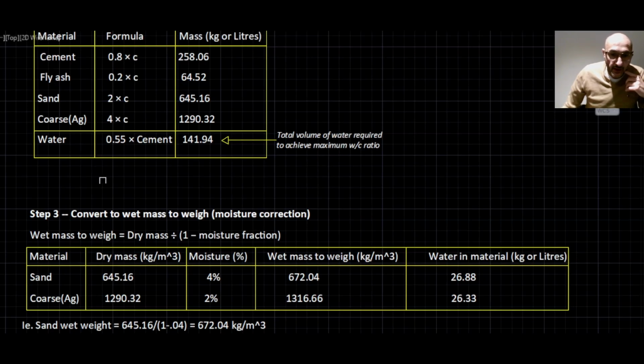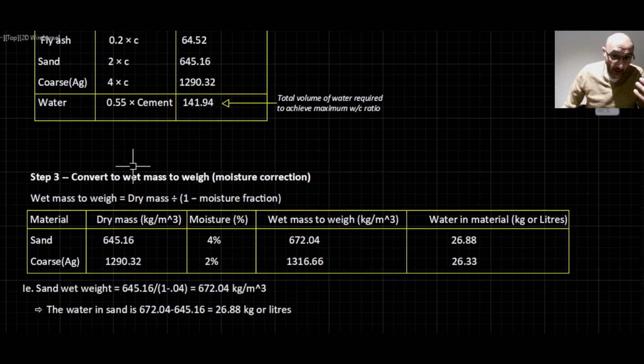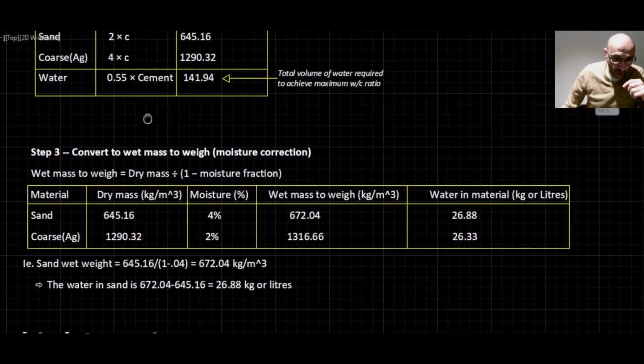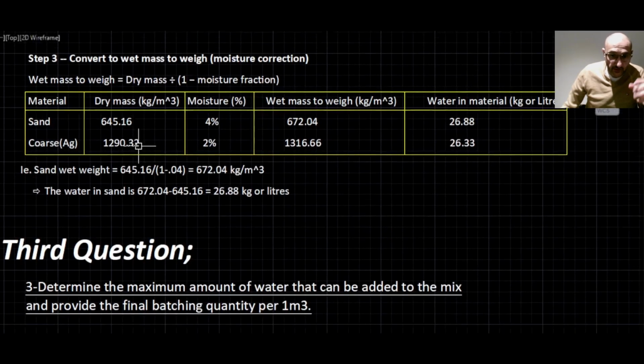Step 3, convert to wet mass to weigh. Okay, so we need to adjust now for the moisture, have the moisture correction. How do we do that? Wet mass to weigh is equal to the dry mass divided by 1 minus the moisture fraction. All right. So what materials do we have that are wet? We have sand, which has 4% moisture, and the coarse aggregate, which has 2% moisture.